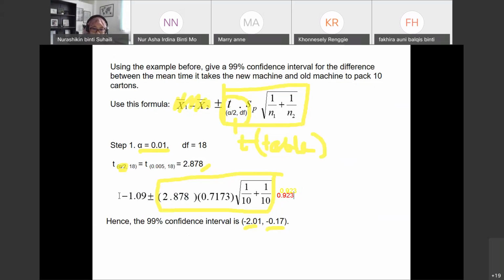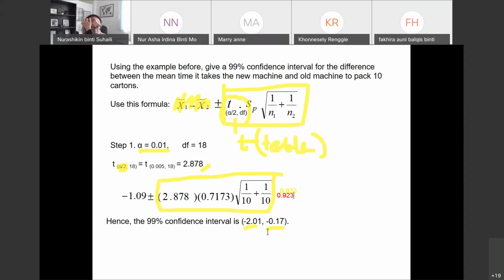Let's go for plus first. Minus 1.09 plus 0.923 is minus 0.17. If minus 1.09 minus 0.923, it is minus 2.01.